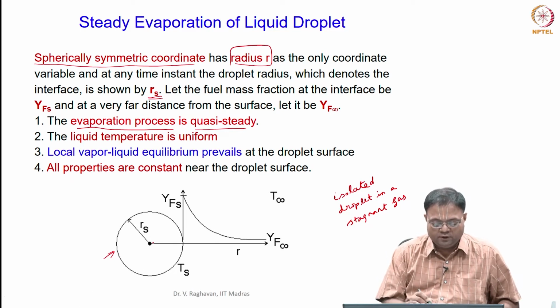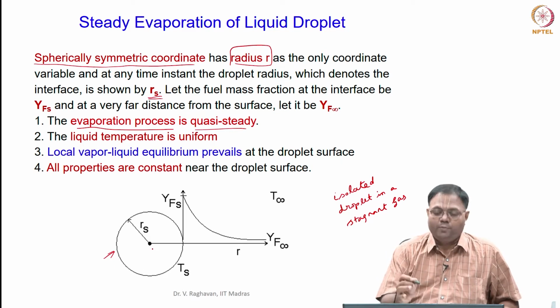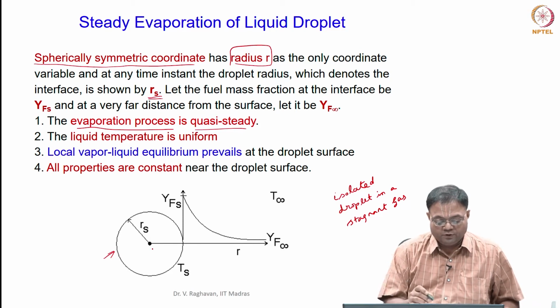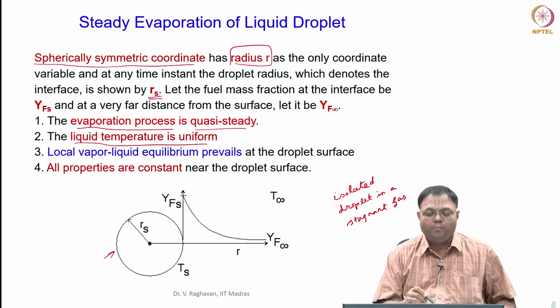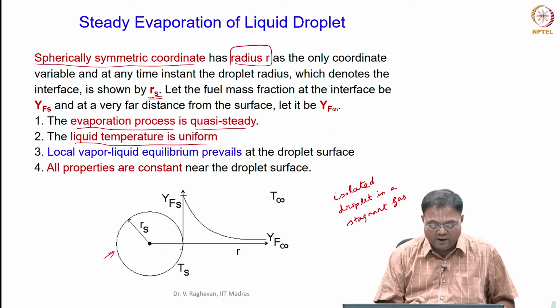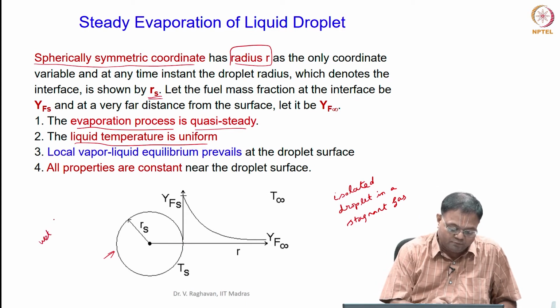At any instant we can find the evaporation rate, and that will be constant. The second one is that the liquid temperature is uniform. So, in this droplet evaporation, a wet bulb temperature has already been attained.